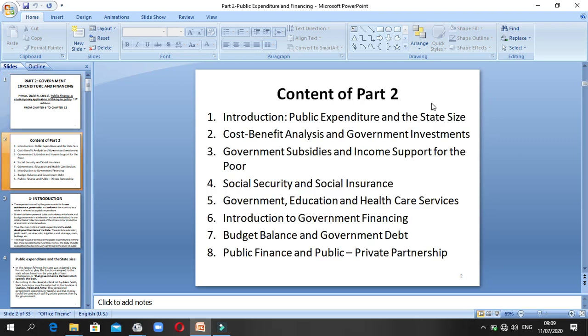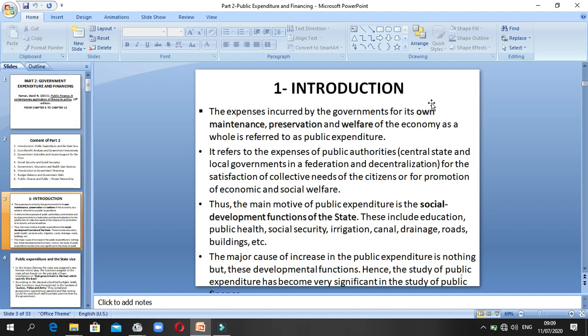So let us go by this introduction, where it said that the expense incurred by governments for its own maintenance, preservation, and welfare of the economy as a whole is referred to as public expenditure.